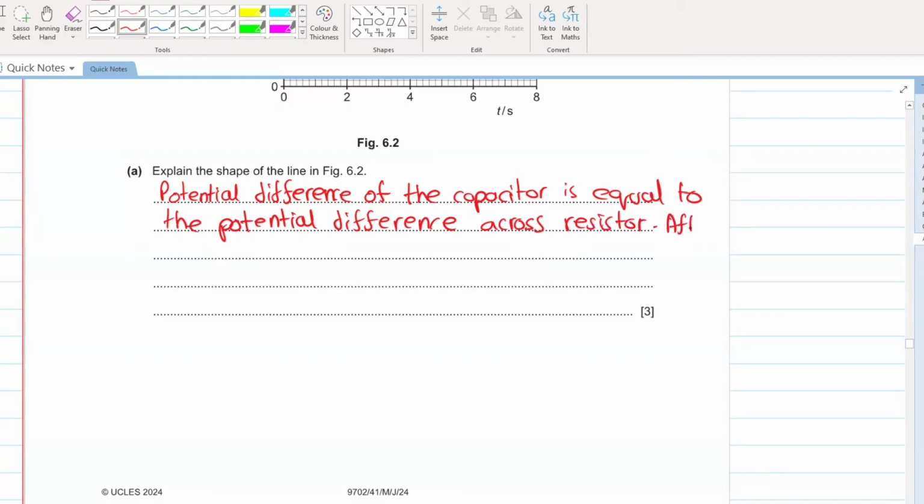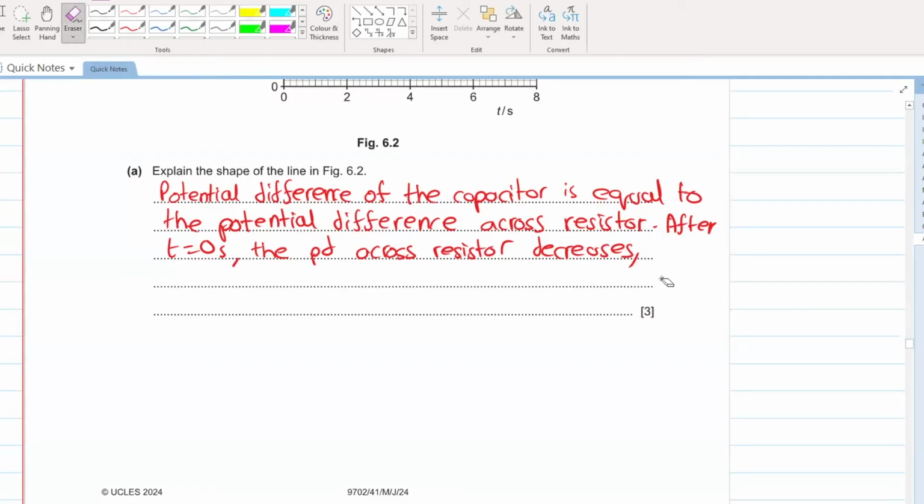After time t equals 0 seconds, what happens? The potential difference across the resistor decreases. As the potential difference across the resistor decreases, due to what?